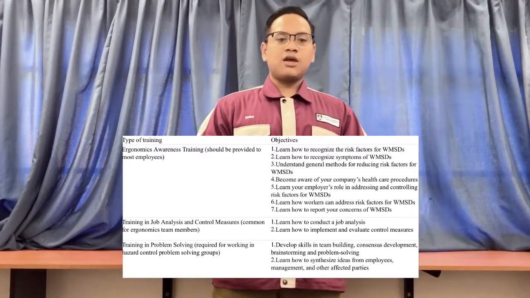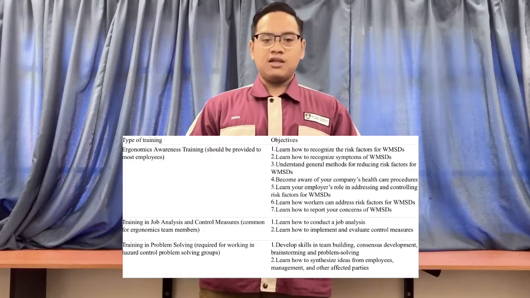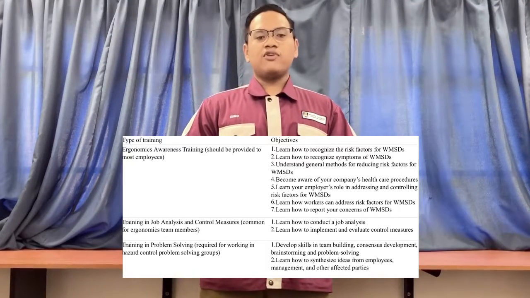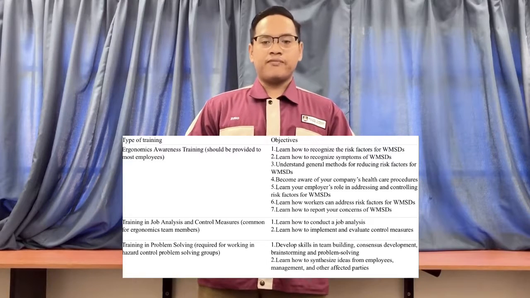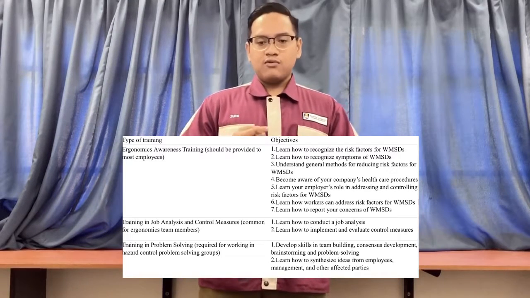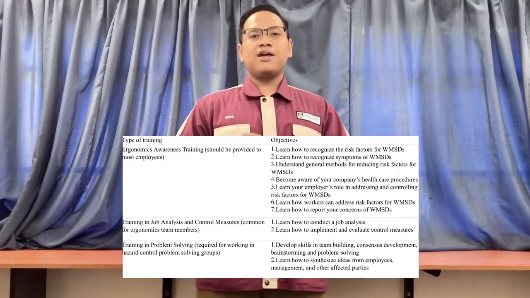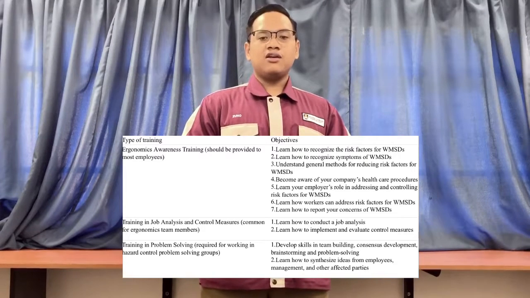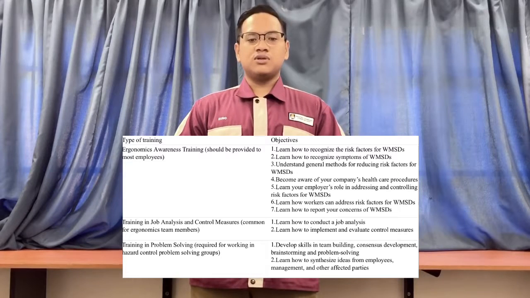The next type is training in job analysis and control measures. It is recommended for ergonomic team members. The objectives are to learn how to conduct job analysis, and to learn how to implement and evaluate control measures.